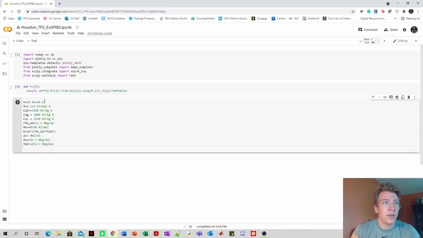What was also given to us is the velocity of the air entering the system. So we'll call that velo, equaling 5 meters per second.